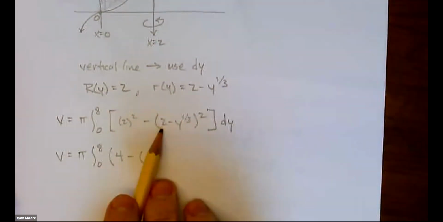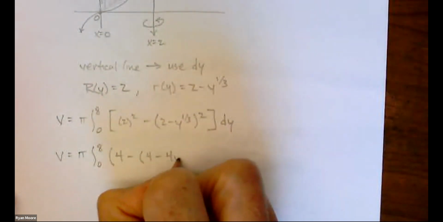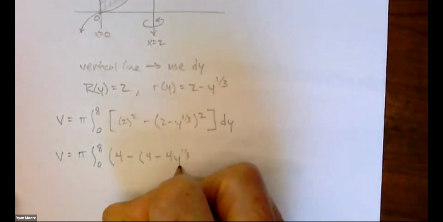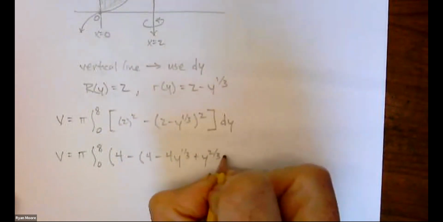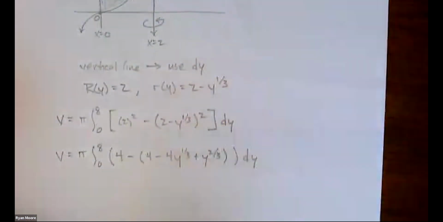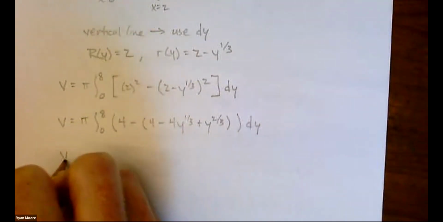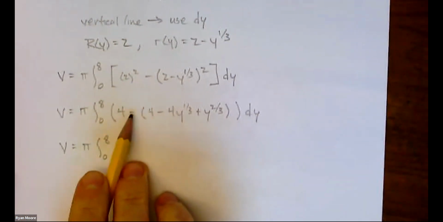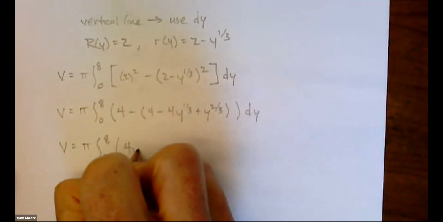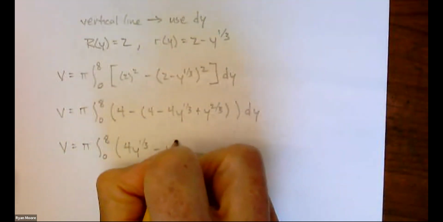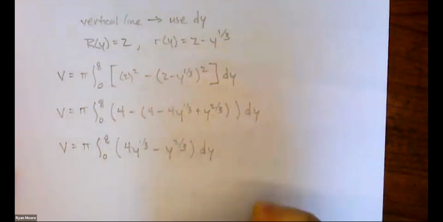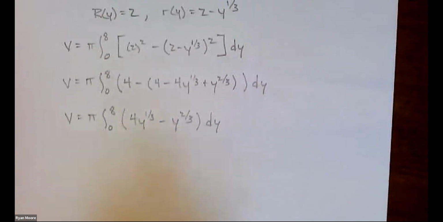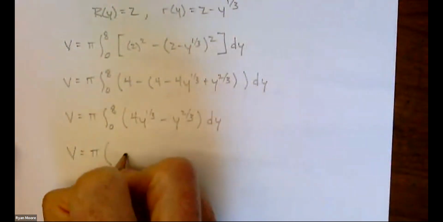Foiling this would be 4 minus 4y to the 1/3 plus y to the 2/3 dy. Simplifying, 4 minus 4 gone. That's going to be 4y to the 1/3 minus y to the 2/3. Looking good. Pi. Okay, I think we're ready.